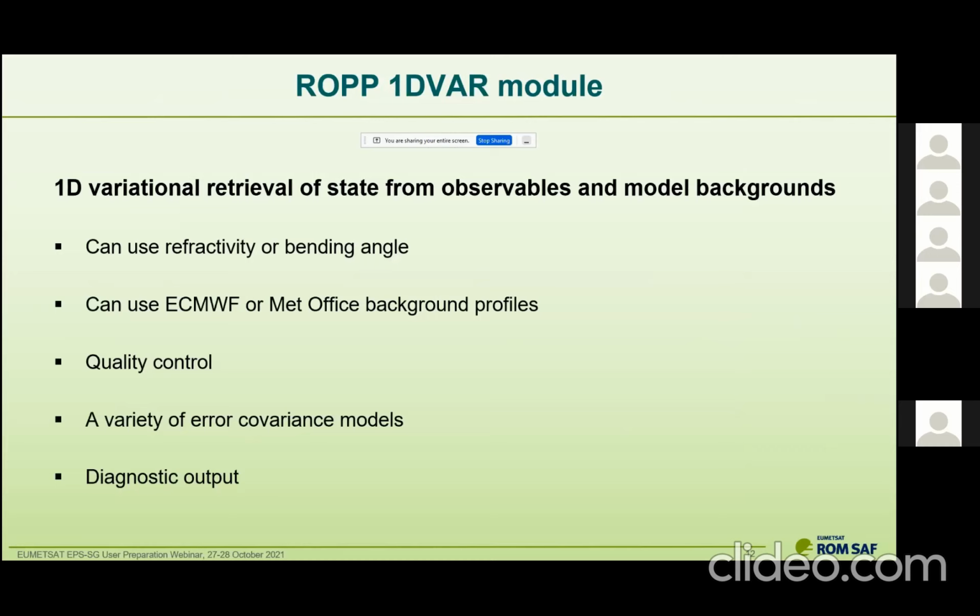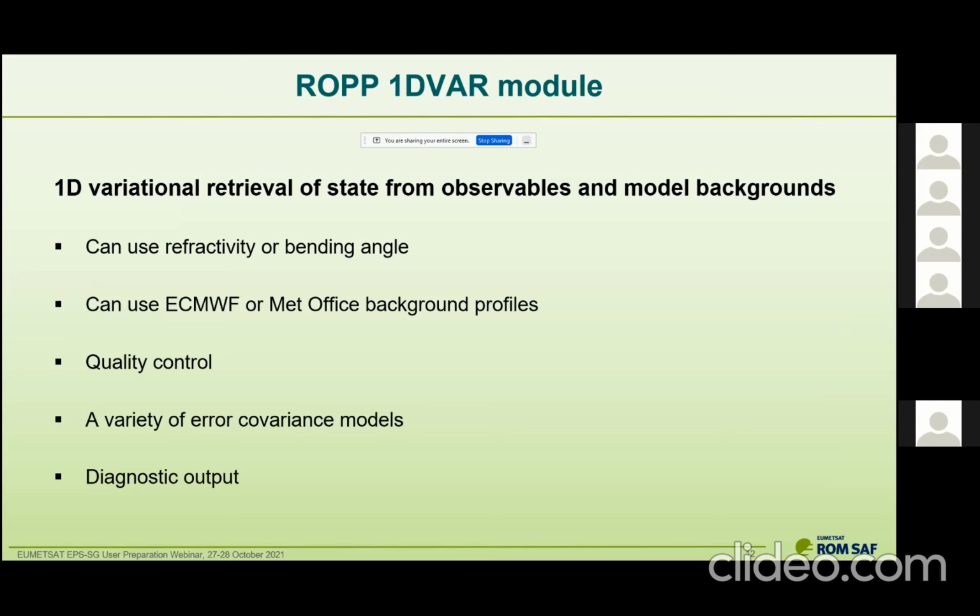The 1D-Var module takes a background state from a model, almost always, and observed bending angles or refractivities, and uses that to construct a 1D-Var retrieval, a best estimate of the state vector, the temperature, the pressure, humidity, that is consistent with those two, the a priori background model and the observations, which it doesn't match.